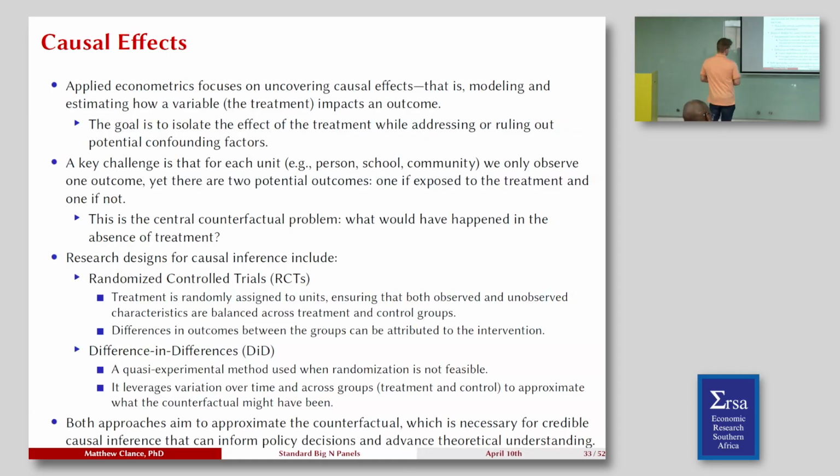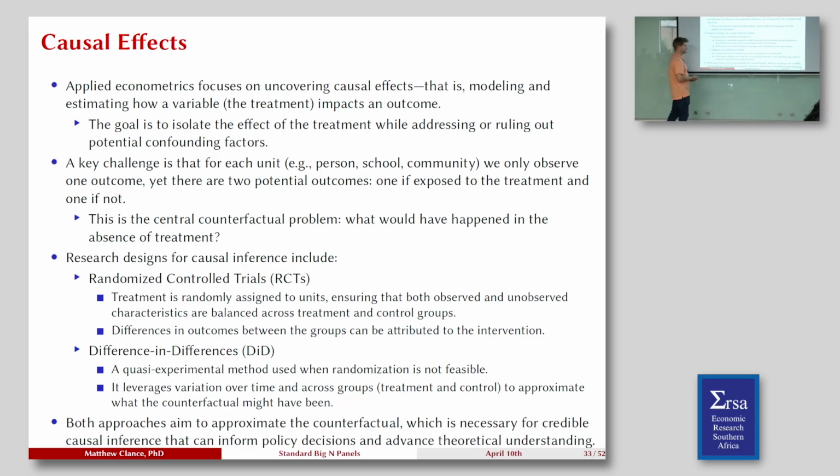Okay? And in that case, it should approximate what the counterfactual might have been. So both approaches aim to approximate the counterfactual. Basically, what's the effect in the absence of treatment?